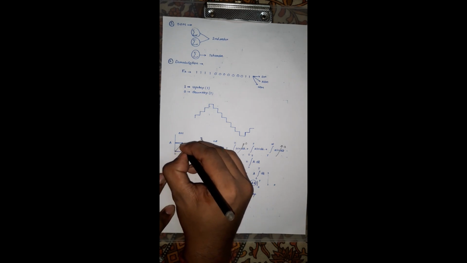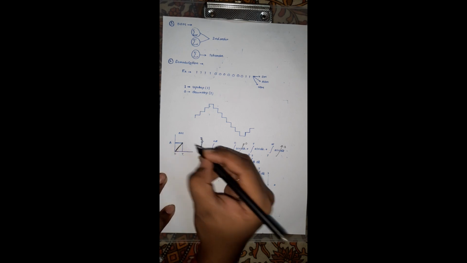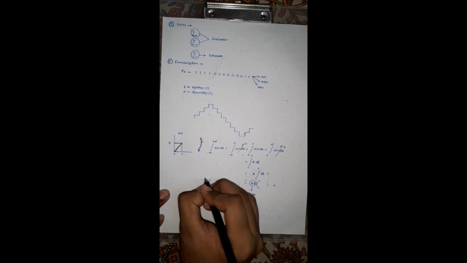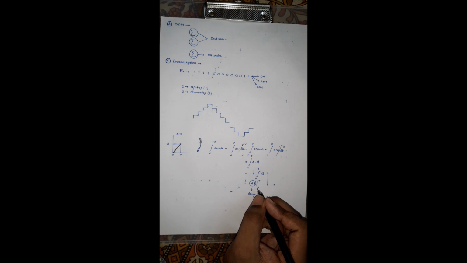That's why from 0 to T a ramp will be produced whose slope will be A. If 2T will be produced, then the slope will be 2, something like this.